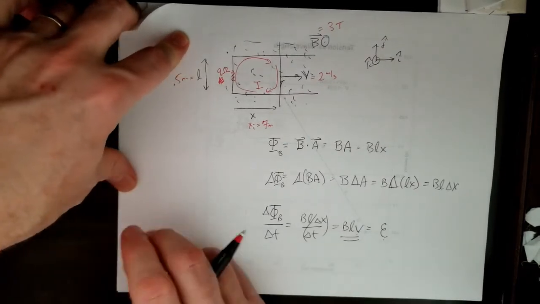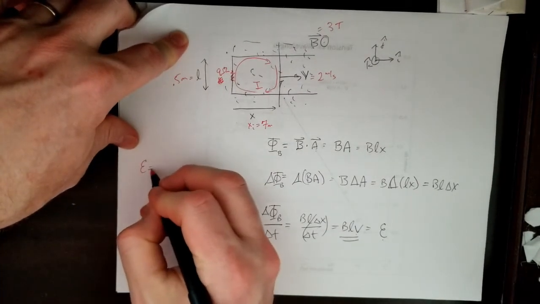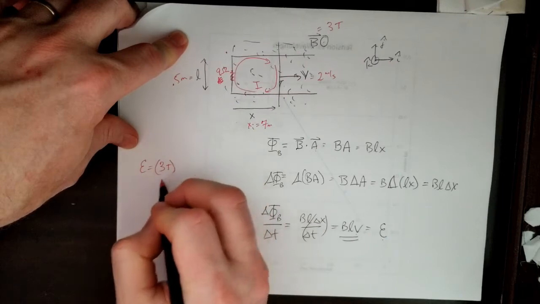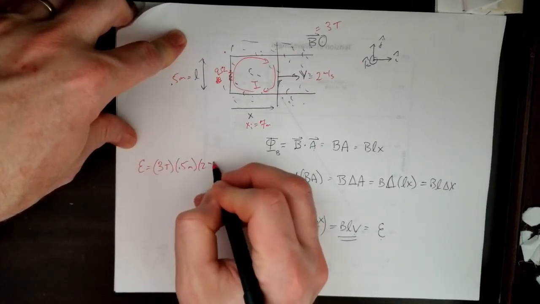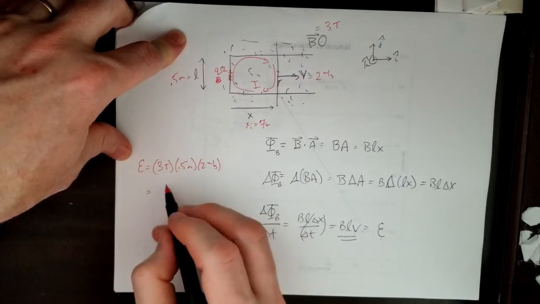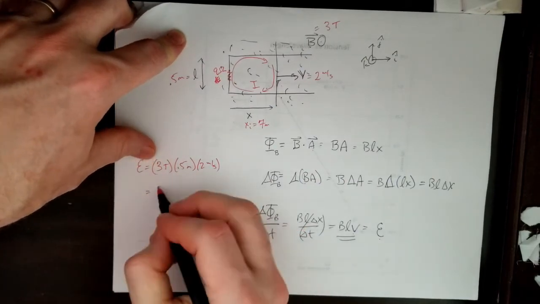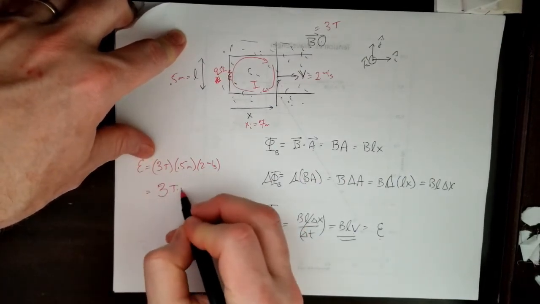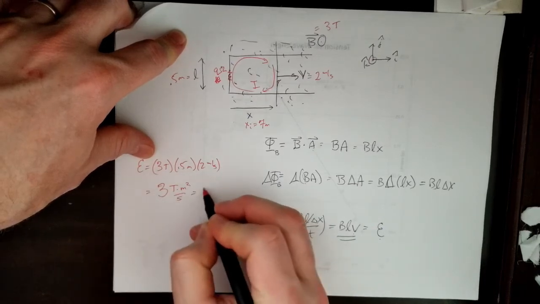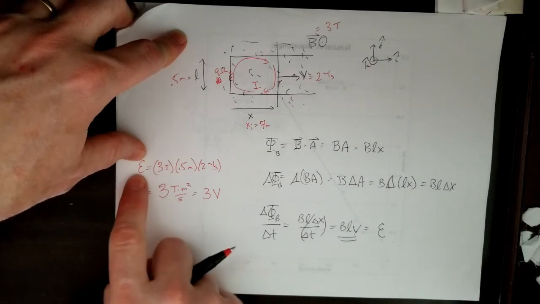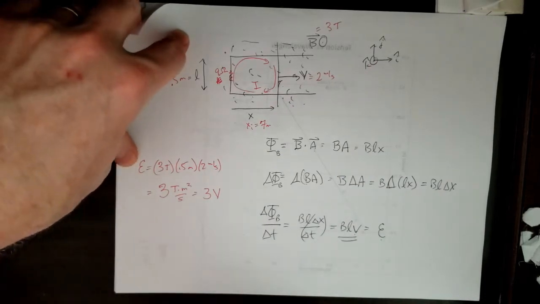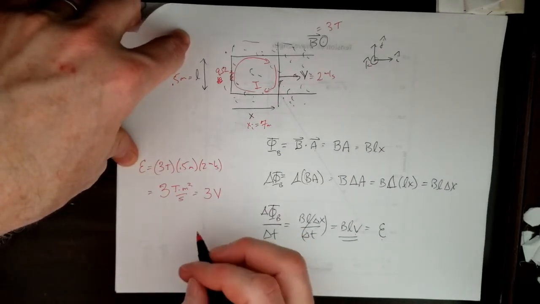So I know that the induced voltage is going to be 3 Tesla times 0.5 meters times 2 meters per second. So that becomes 3 Tesla meters squared per second, which obviously is a volt. Now, how do I know that? Because I know this is voltage and the equation has to work. The units have to match.